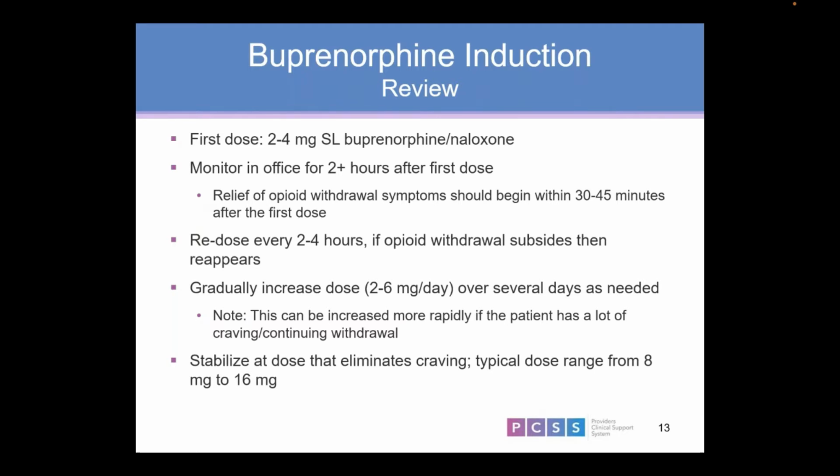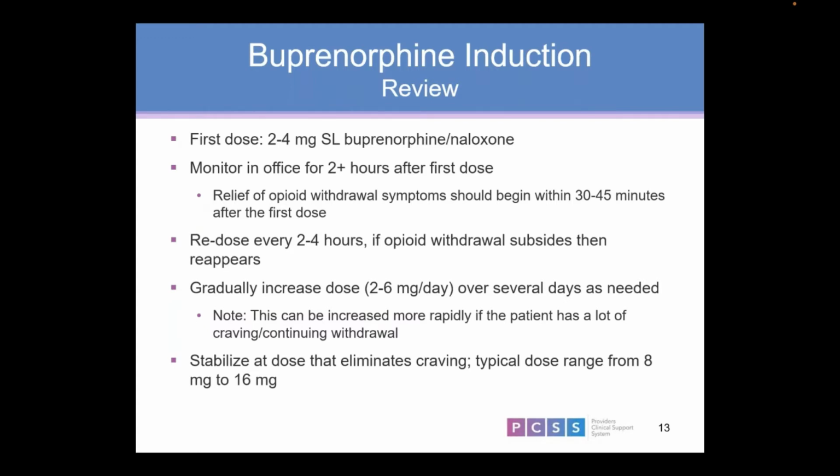There is a 4 milligram film that you could write for. Sometimes it's a little harder to get because it's not as commonly used, so many pharmacists don't stock it. But again, I certainly write for it, and once you establish at certain pharmacies, it can be used very effectively.